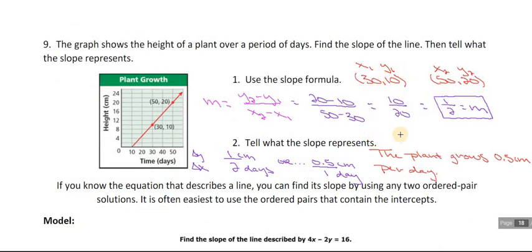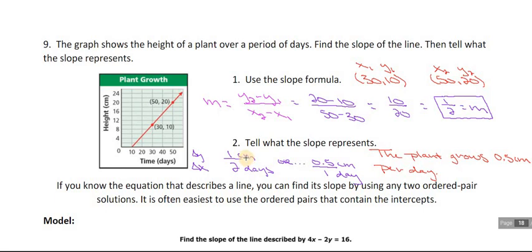All right, so hopefully you found that our slope is 1/2 when we do 20 minus 10 over 50 minus 30. So now with the interpretation here, our change in y over change in x, the y refers to the height in centimeters, and the x refers to time in days. So it grows 1 centimeter every 2 days.